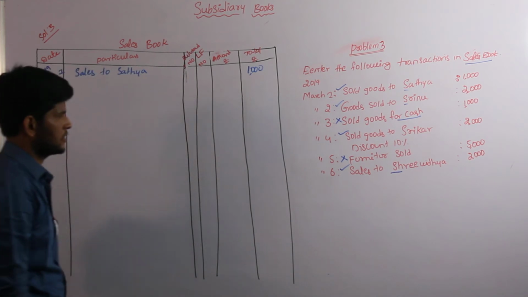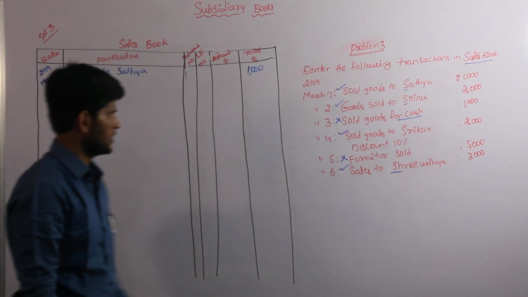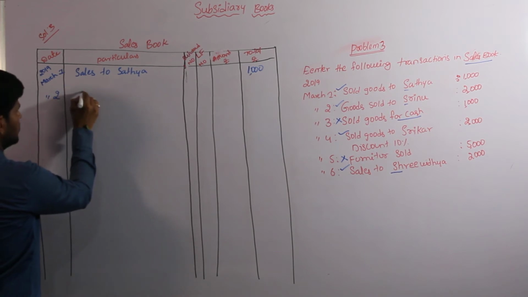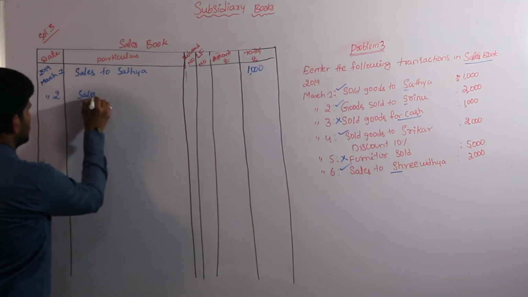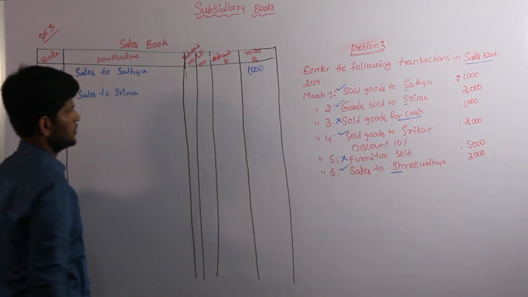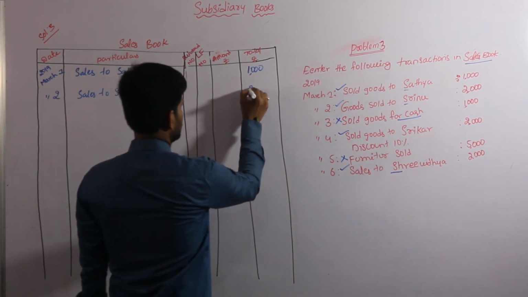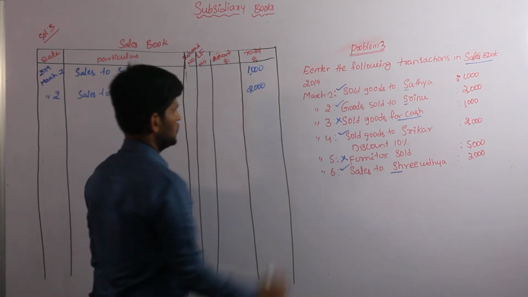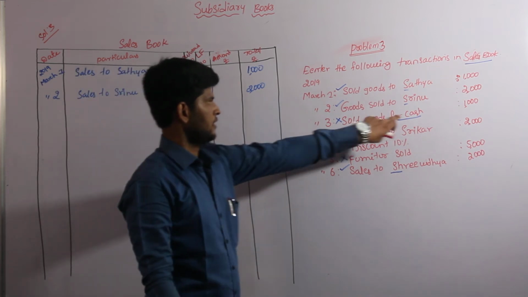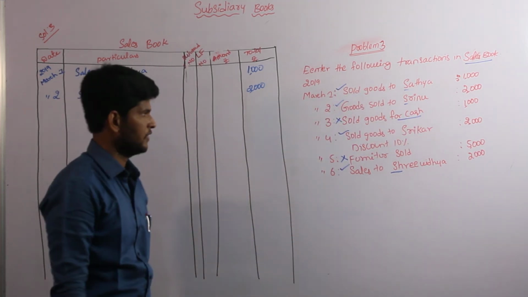And come to the second one, there is also no change in our transaction. March 2nd, sales to Srinu, total amount 2000. The third one is not considered because it is a sale for cash, so this will not come in.